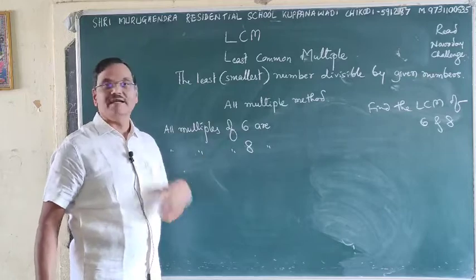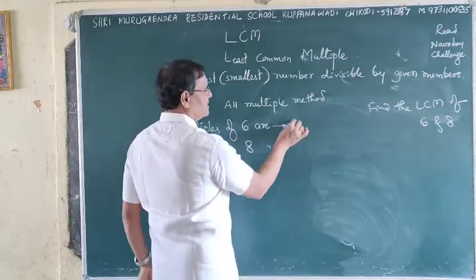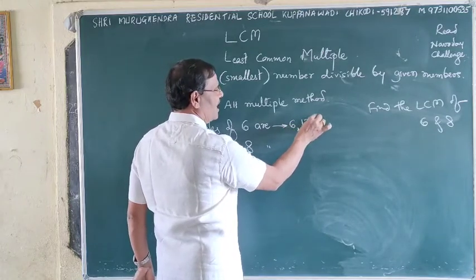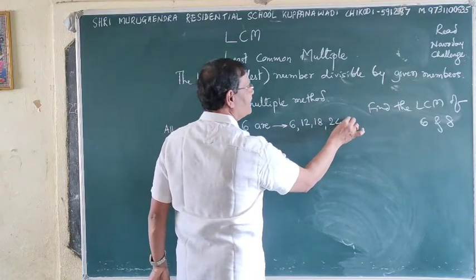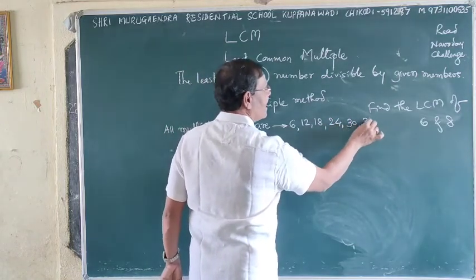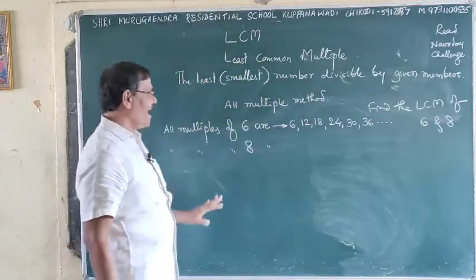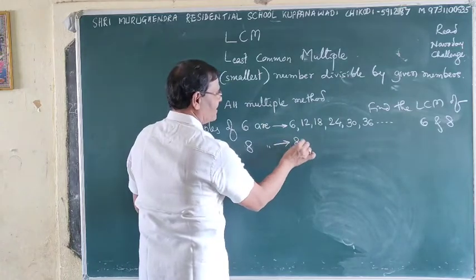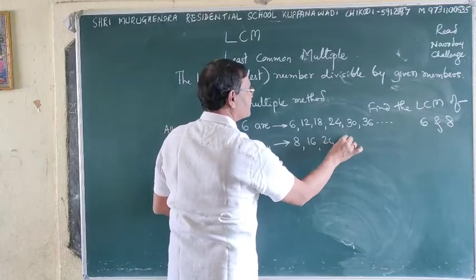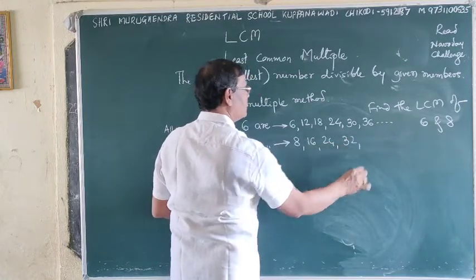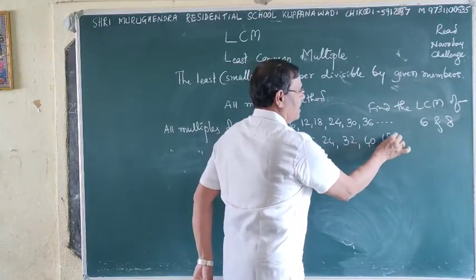See, the 6 table itself is its multiples. 6 ones are 6, 6 twos are 12, 6 threes are 18, 6 fours are 24, 6 fives are 30, 6 sixes are 36. Then 8 ones are 8, 8 twos are 16, 24, 8 fours are 32, 40, 48 and so on.